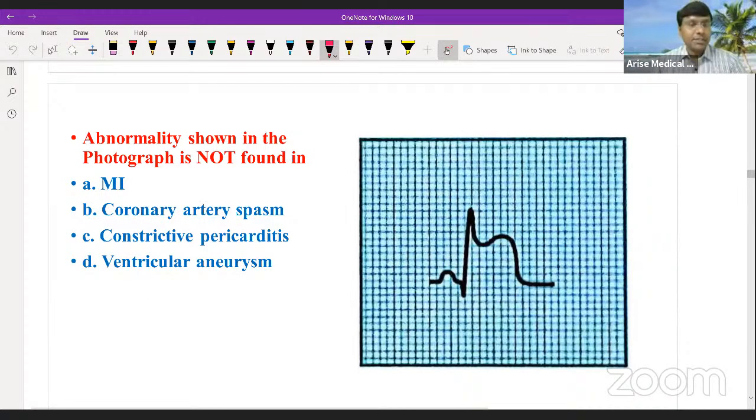Now, in the image-based questions related to cardiology, some of the questions will be on ECGs. You see the first question. The abnormality shown in the photograph is not found in: MI, coronary artery spasm, constrictive pericarditis, or ventricular aneurysm.